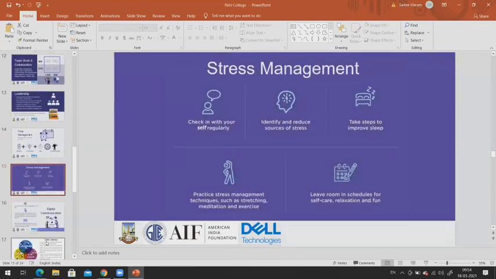stress management. Everyone has stress the day before an exam. It's normal stress, okay. Before an exam, if you have taken part in any competition or any function, stress is there in our everyday life. Okay, so stress is very common and unavoidable in the office as well.